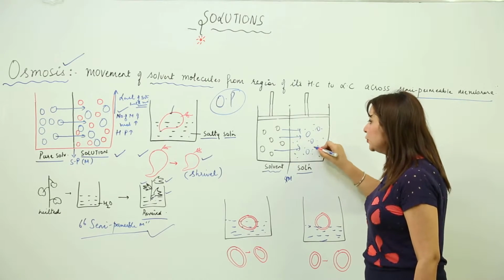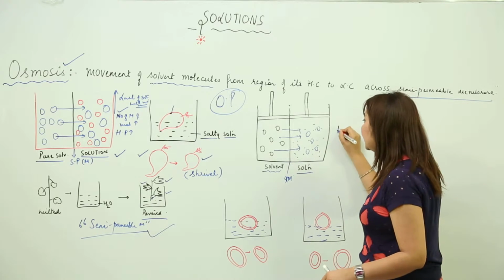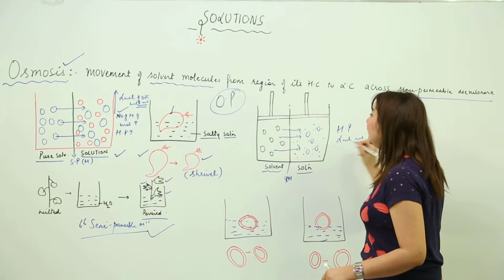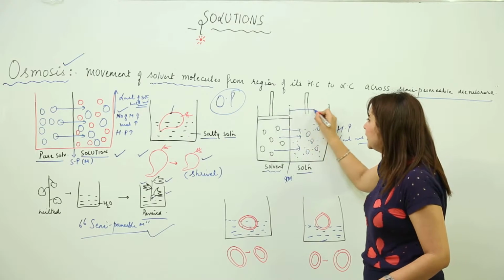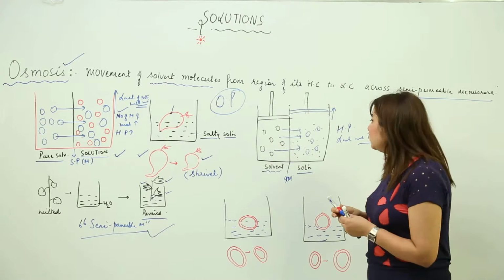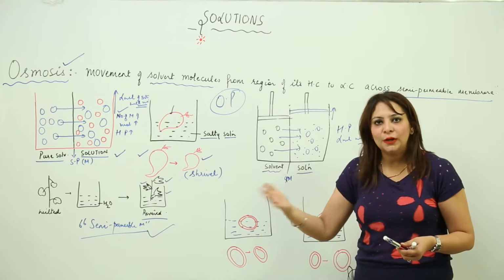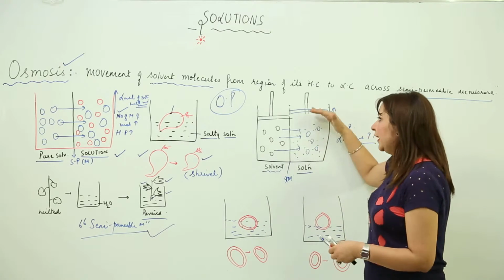With the passage of time, as the number of water molecules increases, the hydrostatic pressure and the level will increase, and the piston on this side will start moving upwards, let's say from this place to this place. So osmosis is just increasing the level of the solution on the side where the solvent particles are carried.